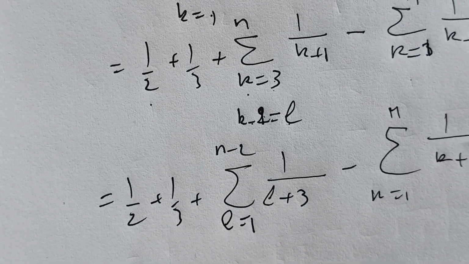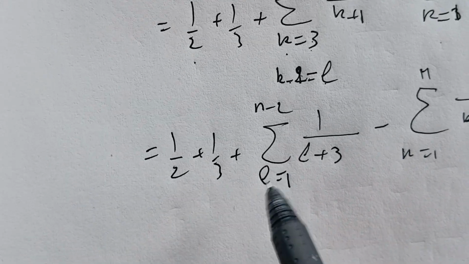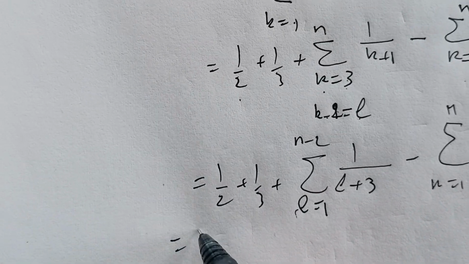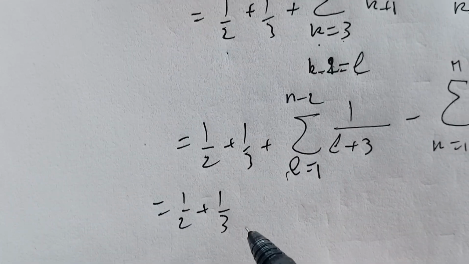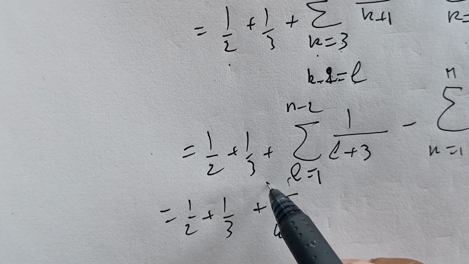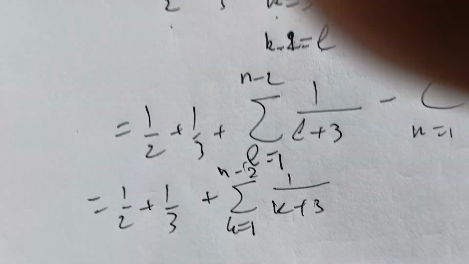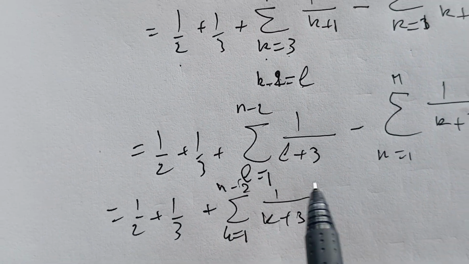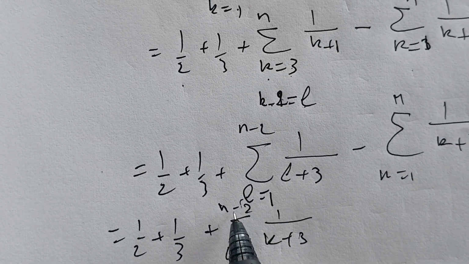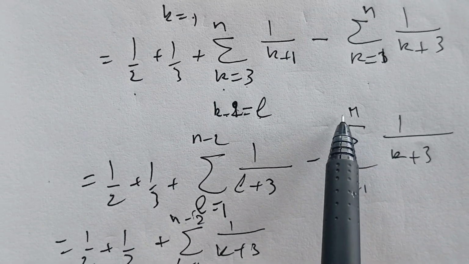Now we see that we can change this index. So we can write 1/2 plus 1/3 plus the sum, and because it's a silent index, we can use k, so we have 1 over k plus 3 here in this last term. Here we start from 1 and we stop at n minus 2, but here we go until n. We need to stop at n minus 2.